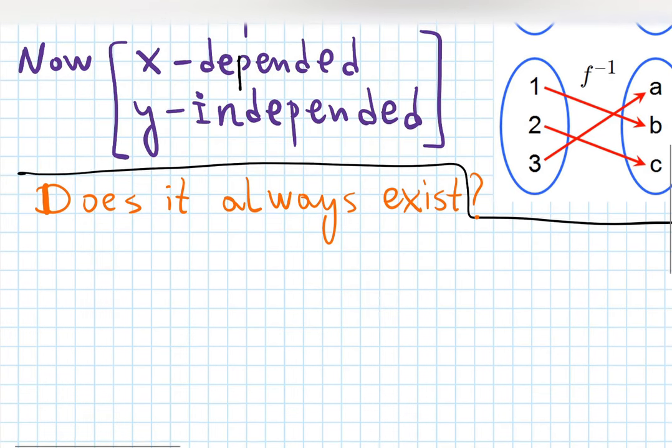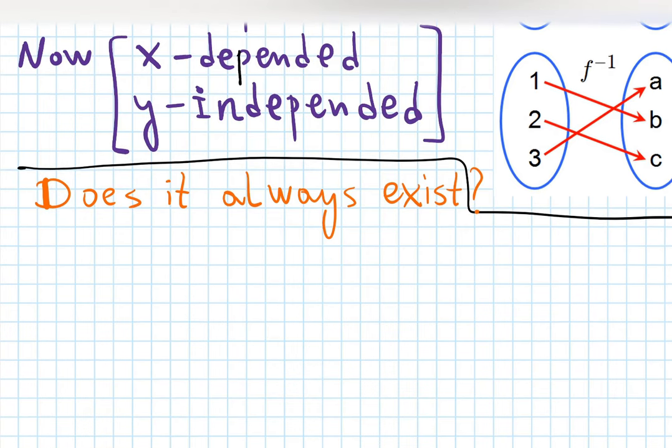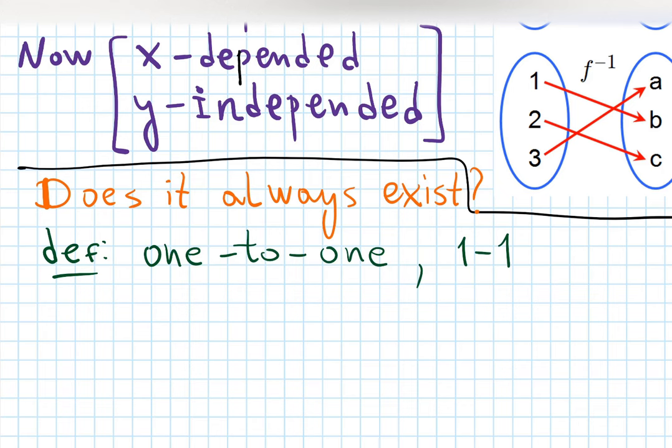So first of all, let's introduce the definition of one-to-one functions. Those are the ones that resolve the idea of when you can actually find the inverse problem. Definition. One-to-one functions have several notations. Either we call it 1, 2, 1, or I like the notation 1 and 1. That's the same thing, 1 to 1.